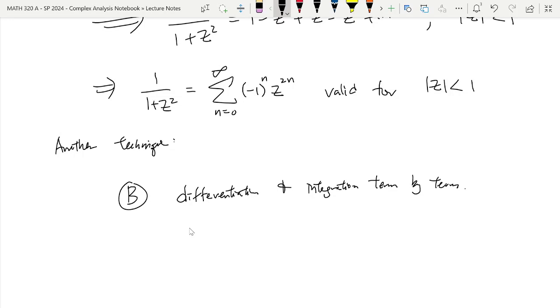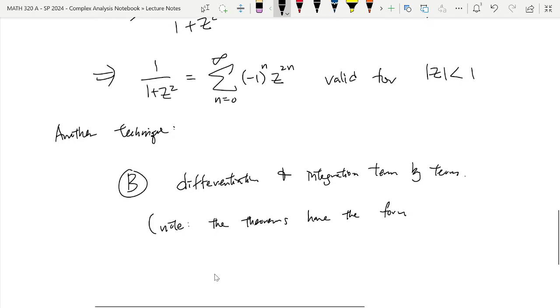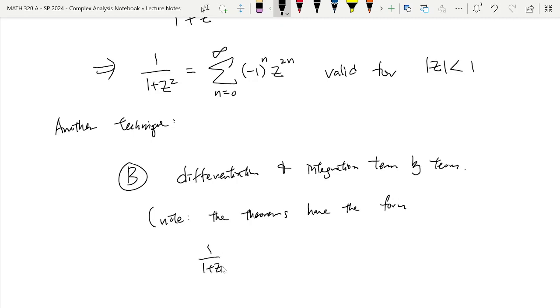In the textbook, you will see, for the sake of proving it, some compactness needs to be assumed. So I'll give you a quick note here. The theorems have the form that this 1 over 1 plus z applies to a function valid for the modulus of z less than or equal to R1, strictly less than 1.